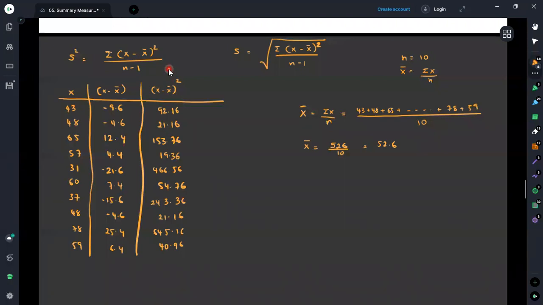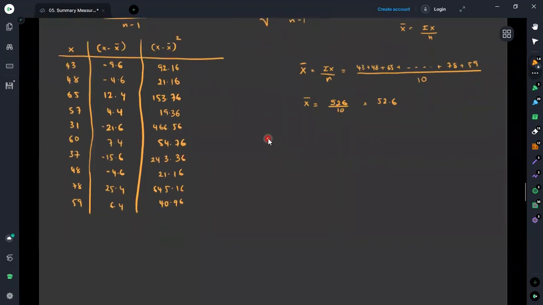Now we can see that these are the values that we can obtain for x minus x bar and x minus x bar squared. Now what we need to do is take the summation of x minus x bar squared. It means that we need to take the summation of this column.